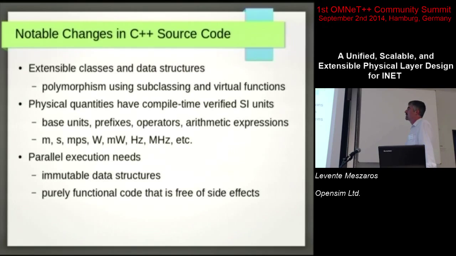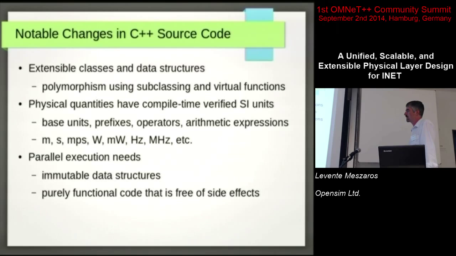And the extensibility is achieved through polymorphism, subclassing and virtual functions. And I also introduced a lot of pure virtual interfaces to show the required interfaces that need to be implemented by certain components, not just overriding whatever function you want to, so it's easier to see.